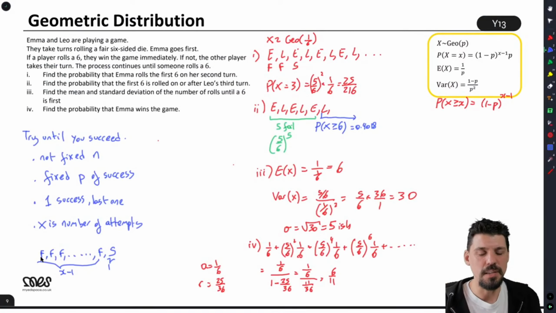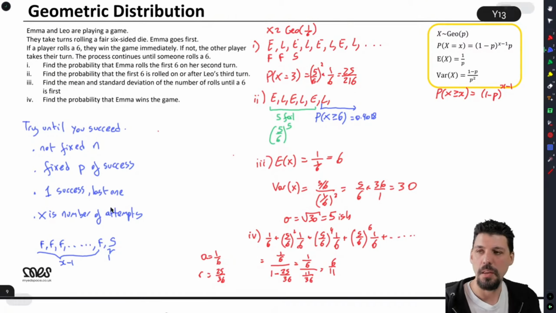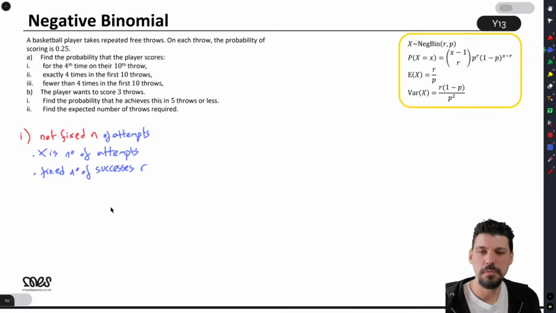The geometric is saying, well, how many attempts until I get one success? Well, the negative binomial expands on it. So, what about we look at the number of attempts until I get 2 successes, 3 successes? So really, a geometric is just a negative binomial with r as 1. It's kind of cool.